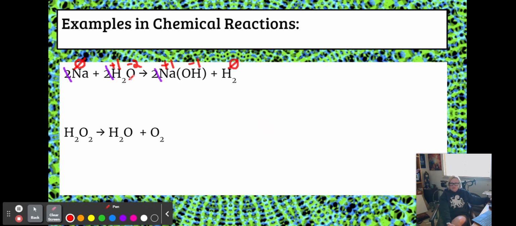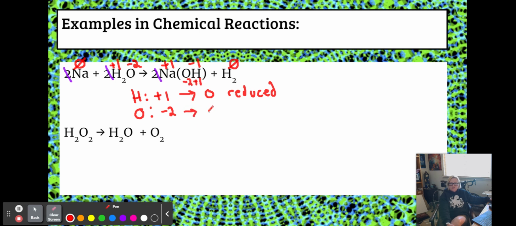So if I take a look here, hydrogen went from a +1 to a 0. That is making it more negative, so it gained electrons. So hydrogen must have been reduced. Oxygen, however, goes from a -2, and in here it's still going to stay a -2 because hydrogen is +1 and oxygen is -2.